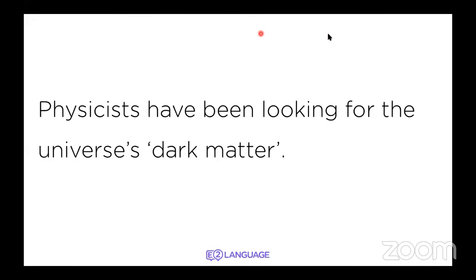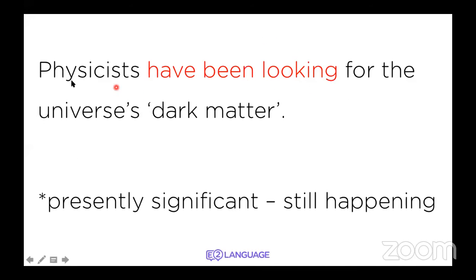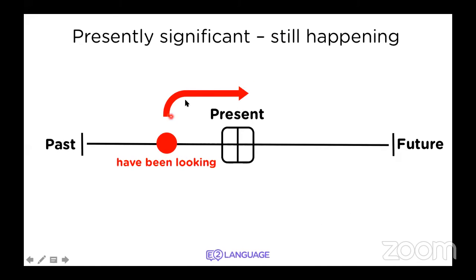Good, well done. Three parts. Have been looking. Physicists have been looking for the universe's dark matter. Presently significant, still happening. It's relevant now, significant now, and it's going to continue into the future because it's unfinished.